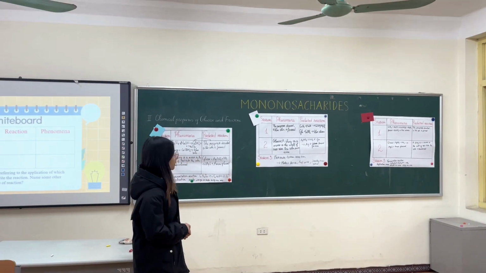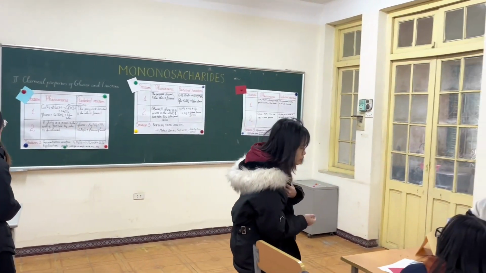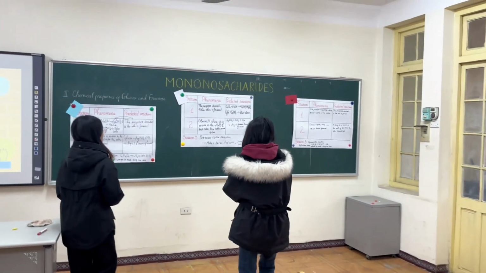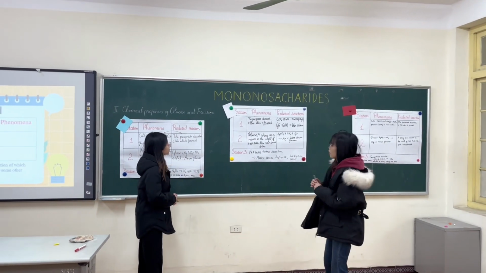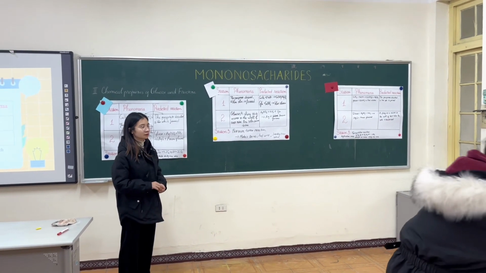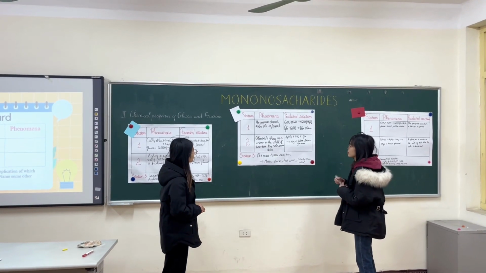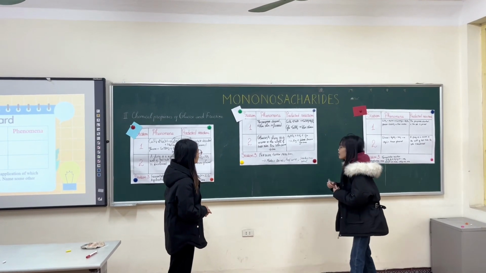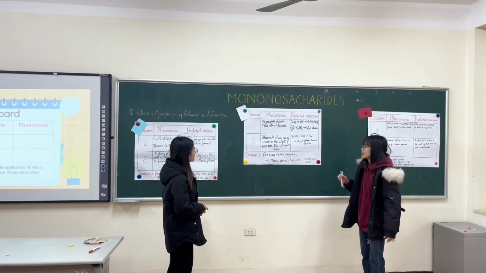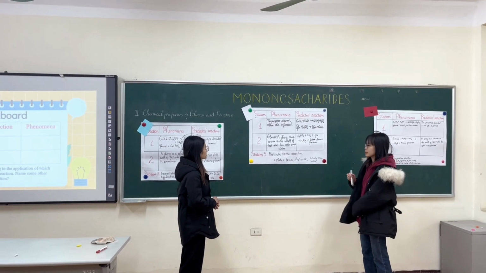Next one is Tollens. Xuân, can you present this? In the reaction of glucose with Tollens reagent, I see a silver layer on the wall of the tube.